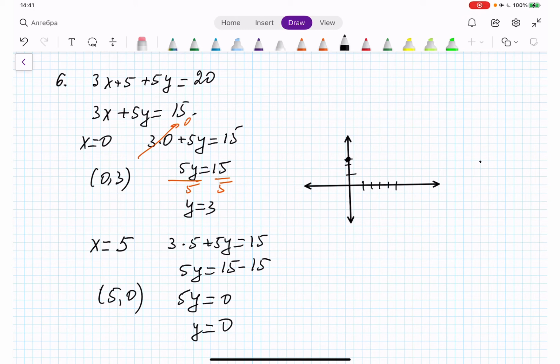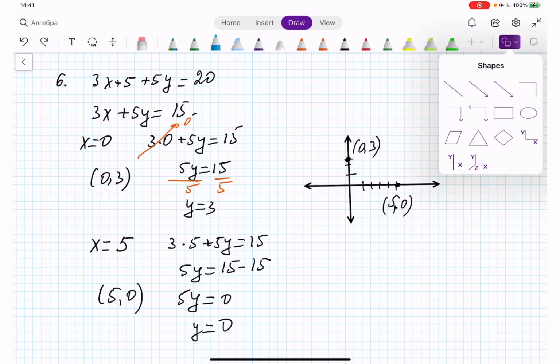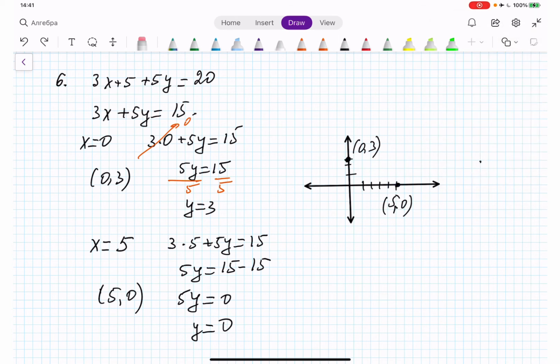This is 0 and 3. 5 and 0. There we go. And we get our graph.